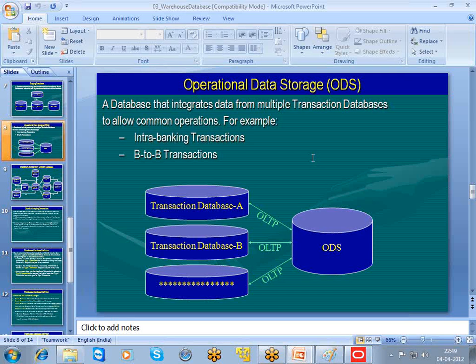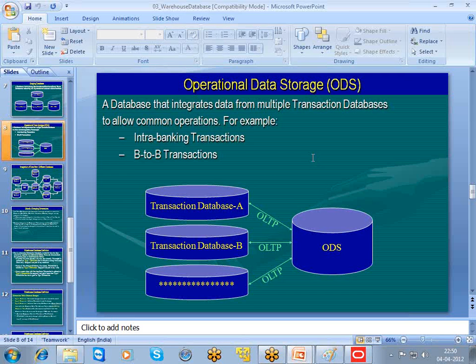Then I can plan an ODS. For integration, I keep different department data, different platform data, and different form data in one location, so any information I require, I have a single point of access. But this solution may not be planned for decision making.